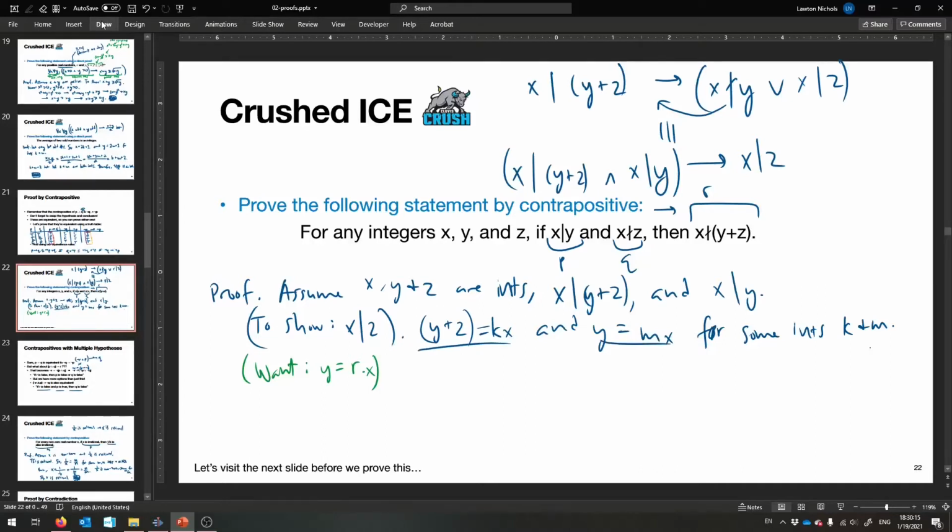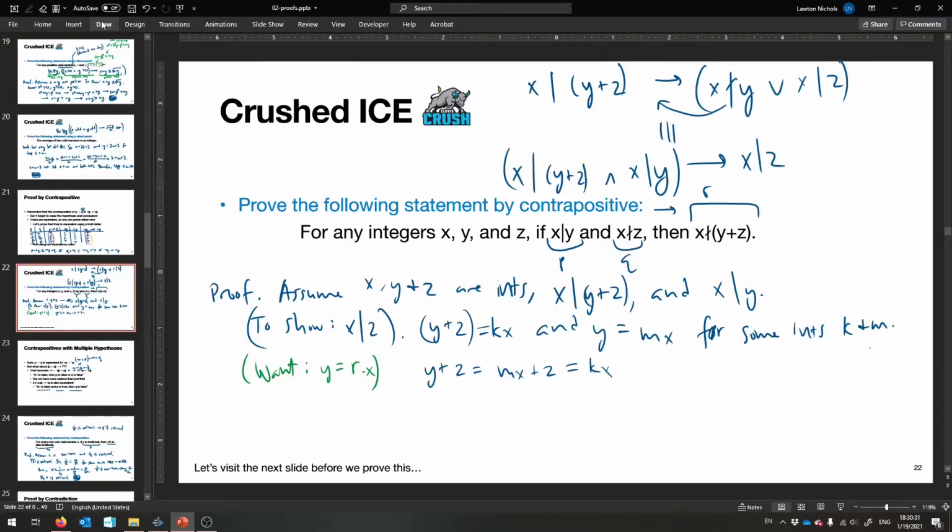So I know this, let's plug this into that. Instead of y, I'm going to say mx. So y plus z equals mx plus z equals kx.